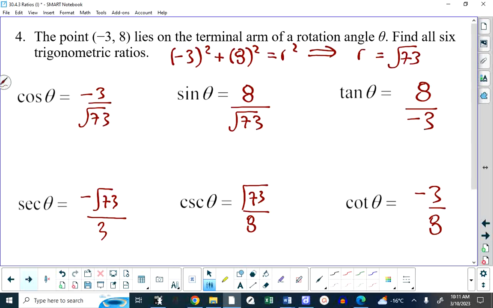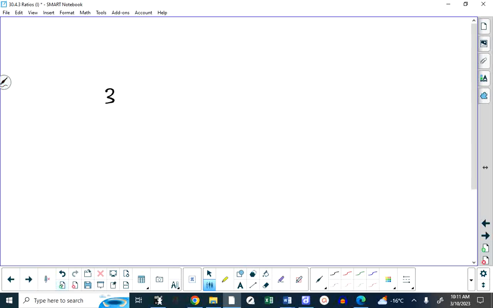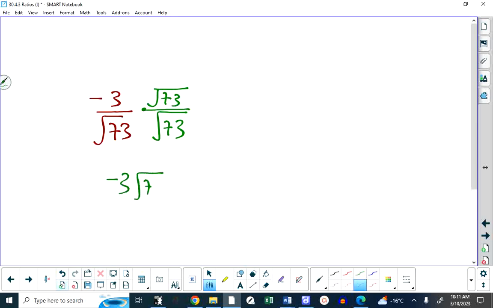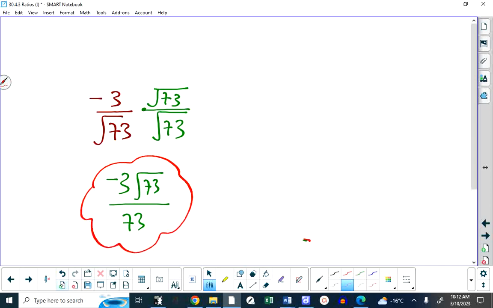So if you wanted to, or you needed to, you could take this, the cosine of the angle, and multiply the top and the bottom by root 73 to get negative 3 root 73 over 73, which, according to the powers that be, is simplified. I look at this and I ask myself, in what universe is that simpler than that?